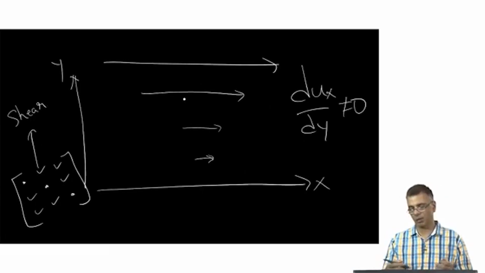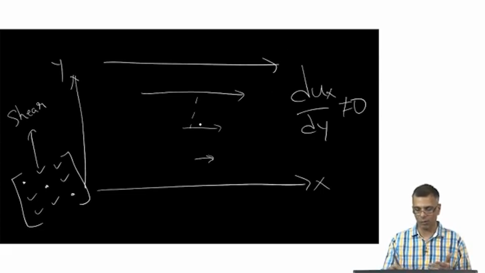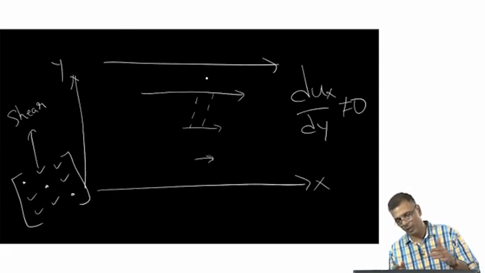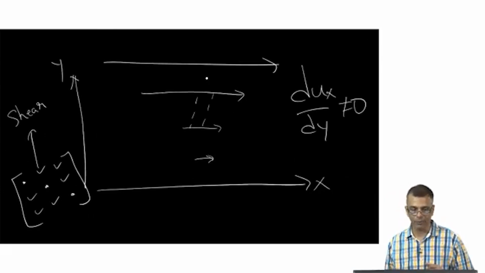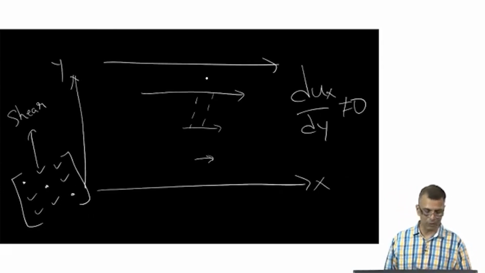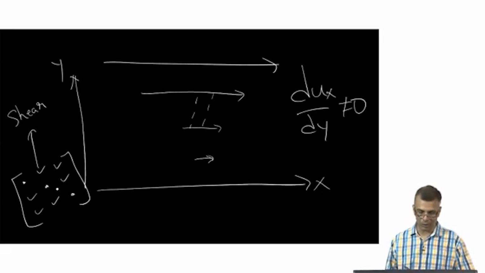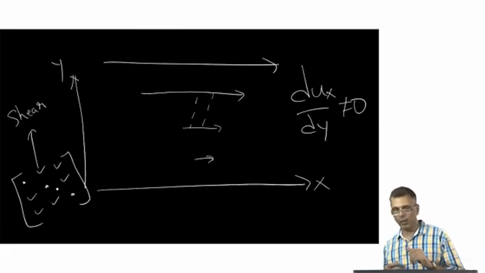You can think about this shear as due to little rubber bands connecting the two layers together and refusing to let the layers slide freely. No shear, no viscosity. In other words, no off diagonal elements, no viscosity, or no viscosity, no off diagonal elements.